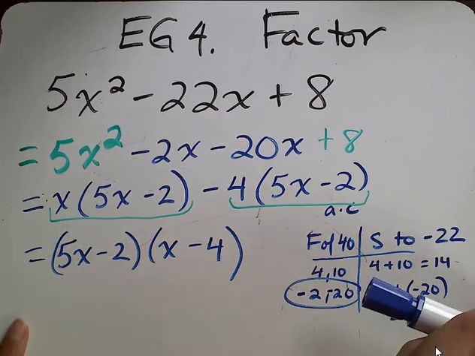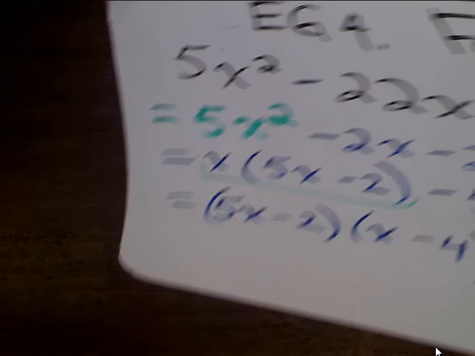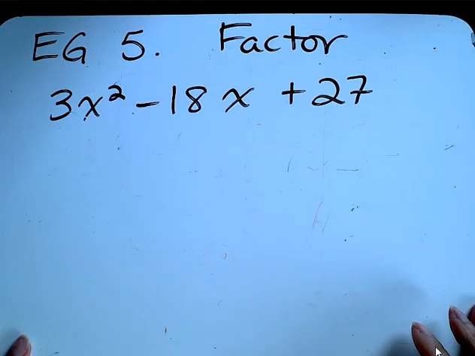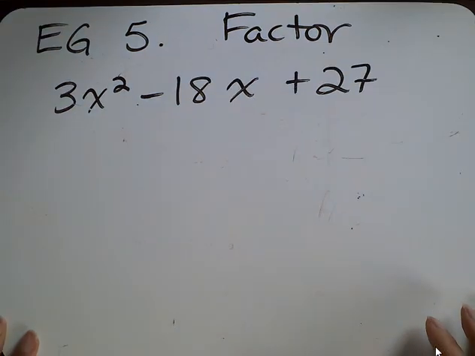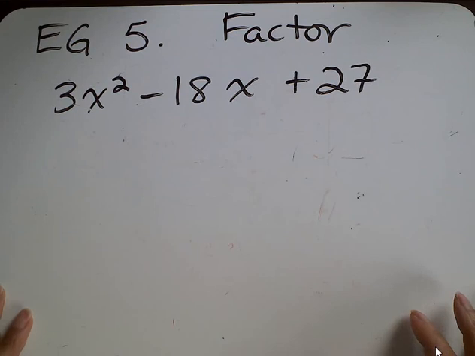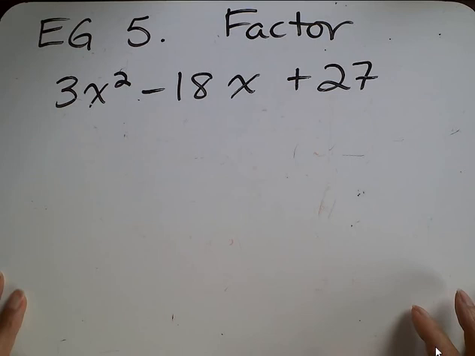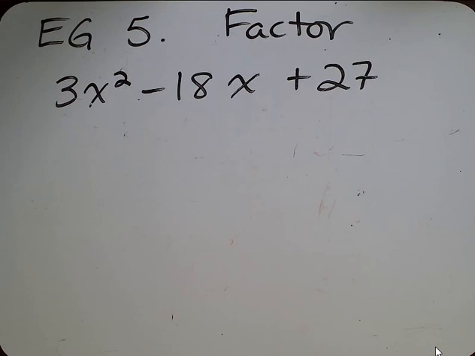And our last example, example 5, we want to factor 3x squared minus 18x plus 27. Don't jump right in and use decomposition. You might be doing too much work for questions like this, and you may not get the correct answer at the end because you may have missed the common factoring, which would mean you might forget to factor it fully.